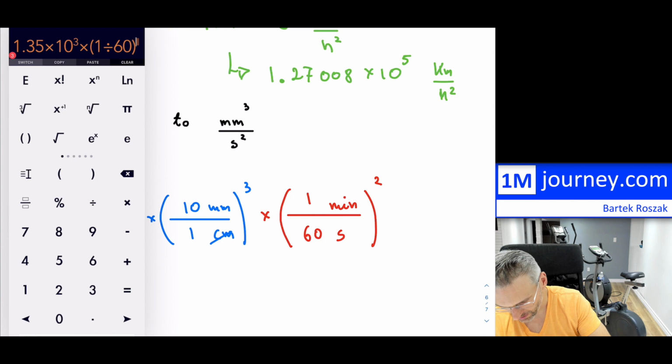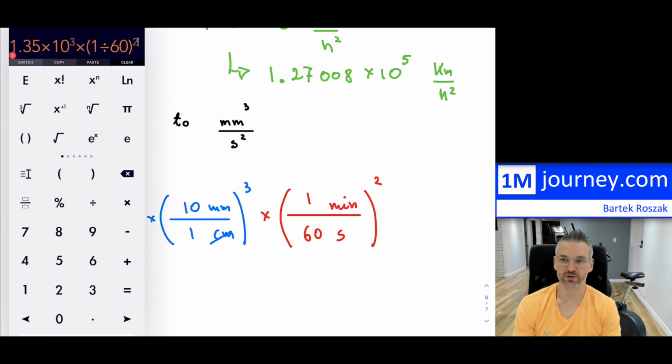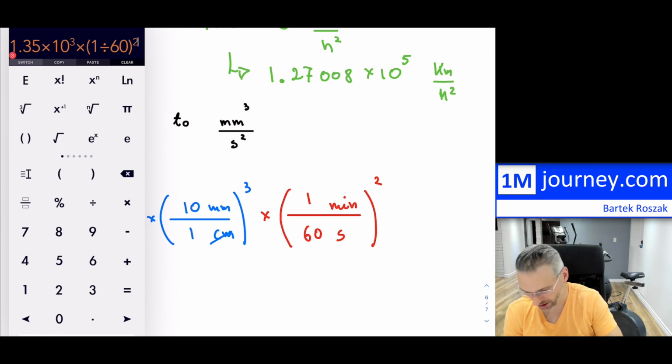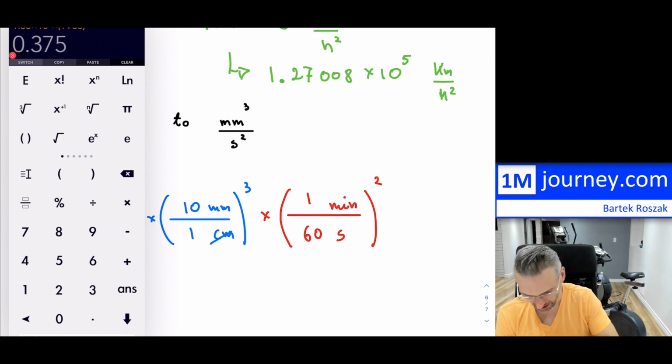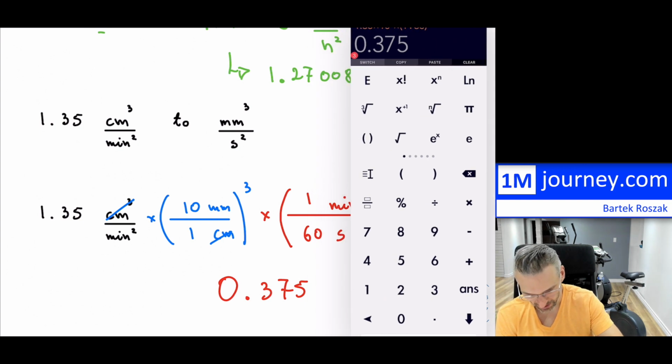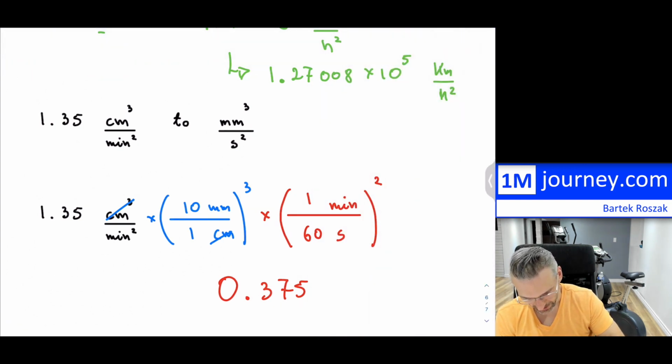I just want to make sure, there you go. So that's squared. And now you can hit equals, and it's going to give us our answer. So there you go, you can keep it. And this would have been millimeters cubed per second squared.